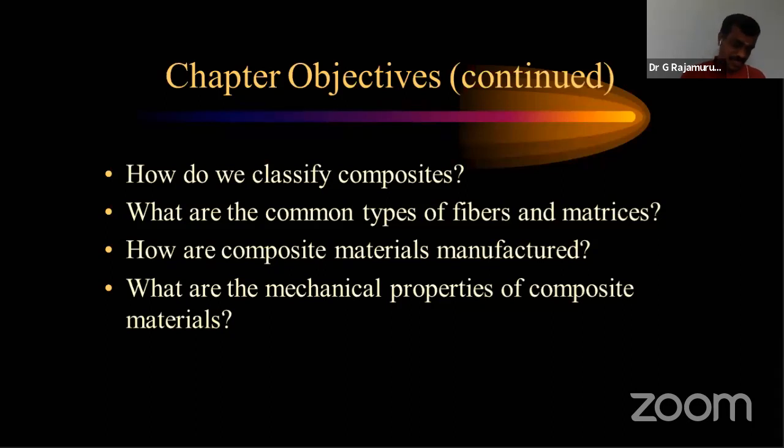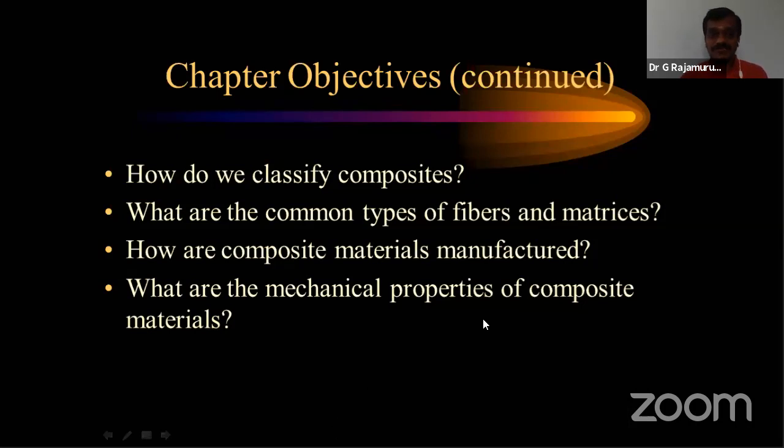We all know that after fabrication of a composite material, we are looking for the enhancement of mechanical property. It may be yield strength, Young's modulus, elongation, or in some cases fatigue strength, and there are different types of property like tribology property or even corrosion resistance property.